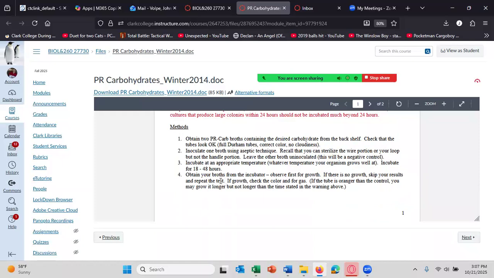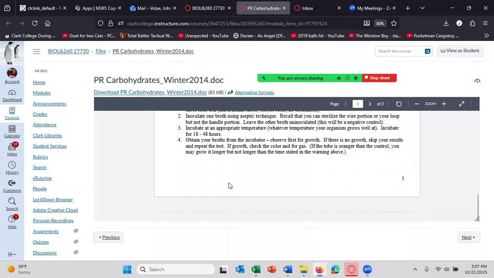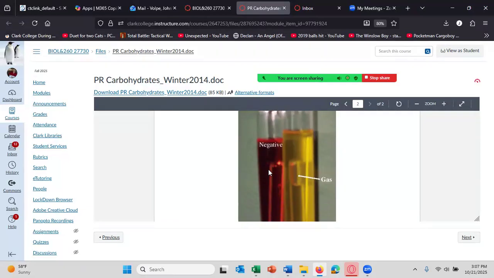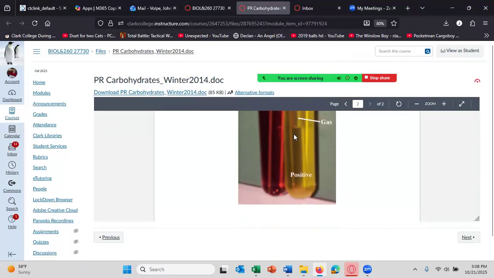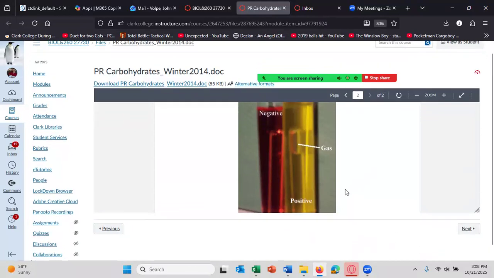Take it out of the incubator. Note that there's growth. You take a look at the color of the tube and whether there's gas formation. If it's yellow, you interpret the conclusion as acid, and if it's yellow and gas, you write the conclusion as Ag, acid and gas. And if it's negative, you write negative for the tube.